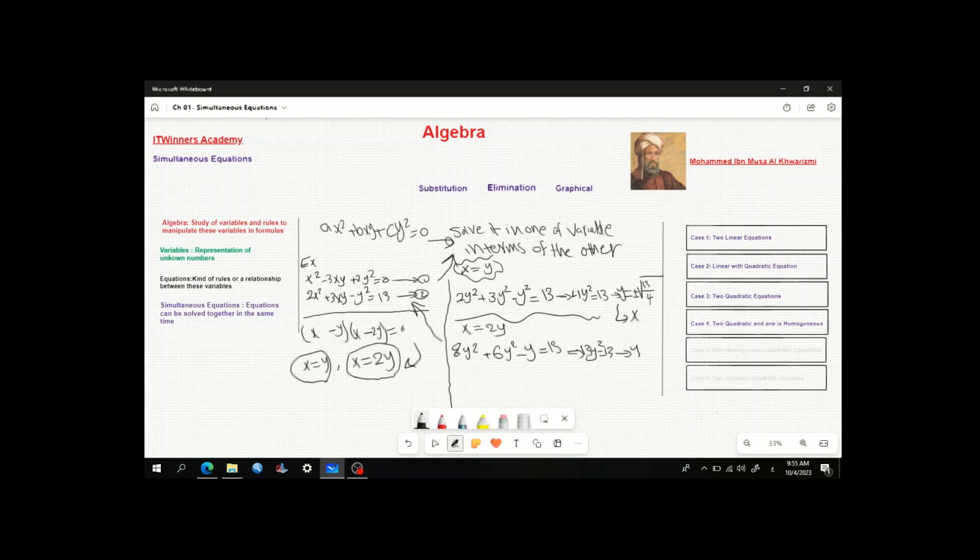Now y equal to plus or minus 1, and here x equal to plus or minus 2, because x equal to 2y.